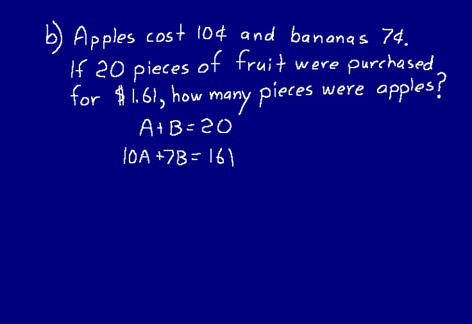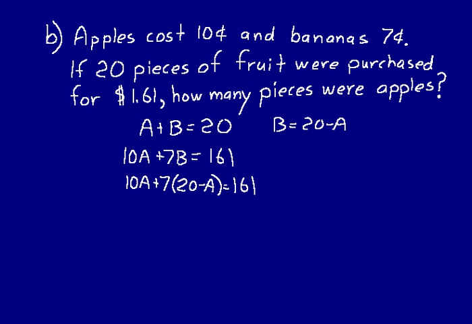So we want to figure out how many pieces were apples. Let's go ahead and solve the top equation for bananas. If we do that, we can substitute in for bananas in the bottom one, and we'll have an equation just in terms of apples. So we'll say B is equal to 20 minus A, and we substitute that into the bottom equation. 10A plus 7 parentheses 20 minus A is equal to 161.